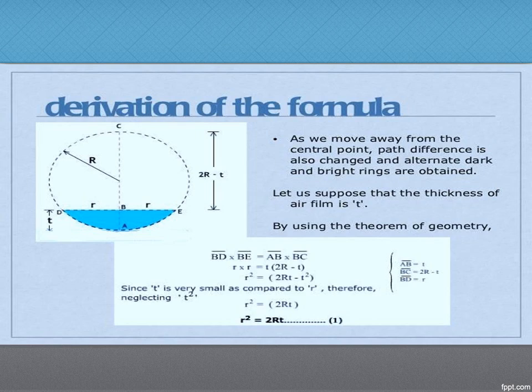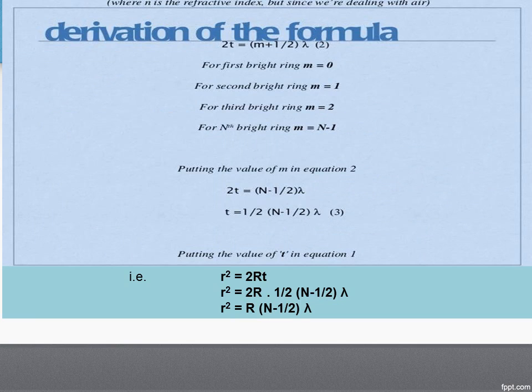Now I have already defined that AB is equal to t, BC is equal to 2R minus t, and BD is equal to R. Since light falls normally on the arrangement, the first portion, which is reflected from the upper surface of the convex lens curvature, and the second portion, which is reflected from the lower part of the glass plate, cover an extra distance equal to t.